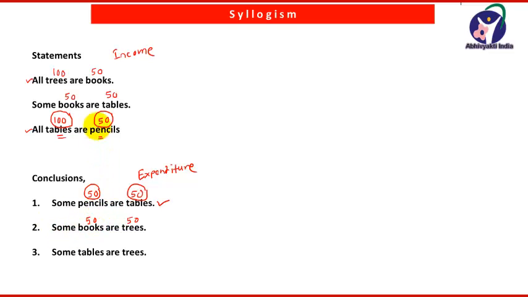So here the trees have 100 as an income, and the trees have 50 as an expenditure. So 100 is the income and 50 is the expenditure, which is correct. Now the books have 50 as an income and the books have 50 as the expenditure.